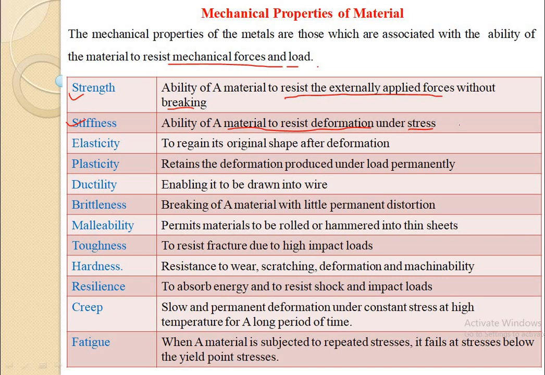If that material is able to resist this change in size, change in shape, change in volume, change in area, change in length, change in thickness, meaning change in the overall shape of the component under the induced stress, then we can say that the material has some stiffness value. That is the resistance to deformation under stress. That is nothing but the stiffness.